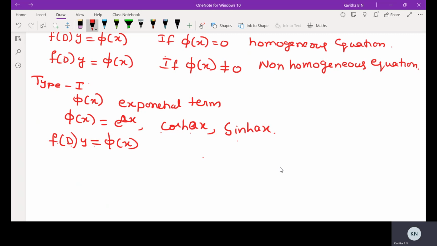In type 1, first we need to find the complementary function yc, and then we have to find the particular solution yp. yc is the complementary function, and yp is the particular solution.